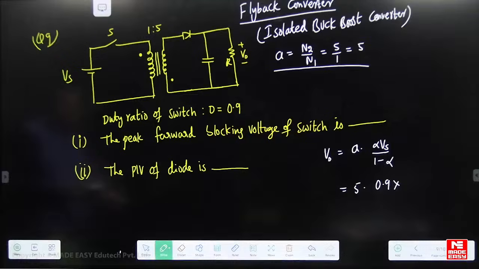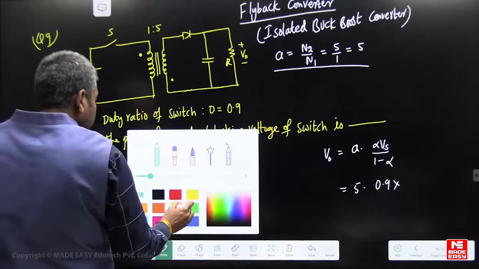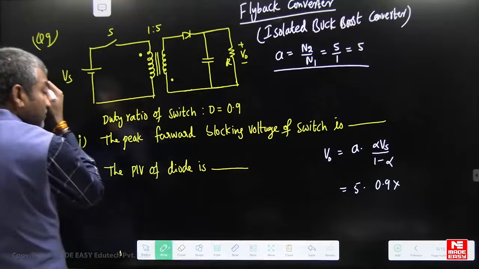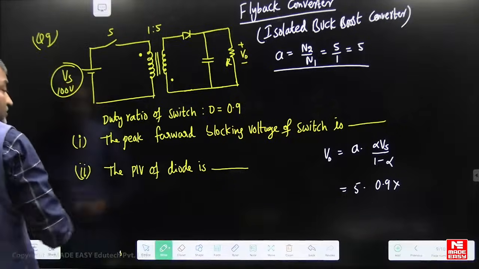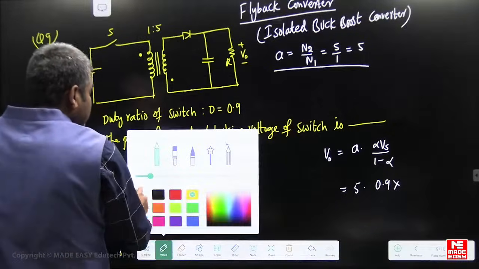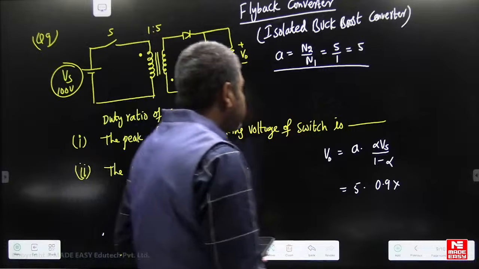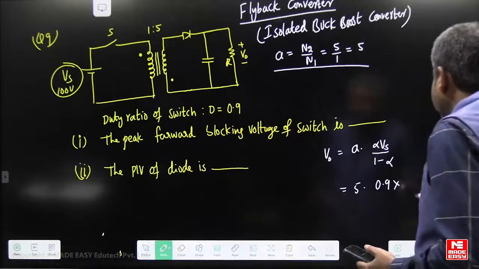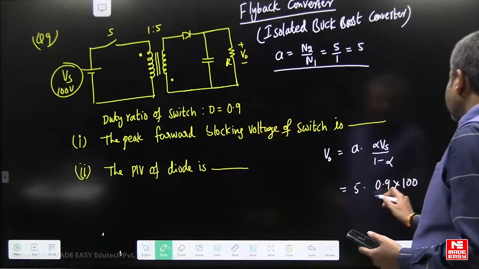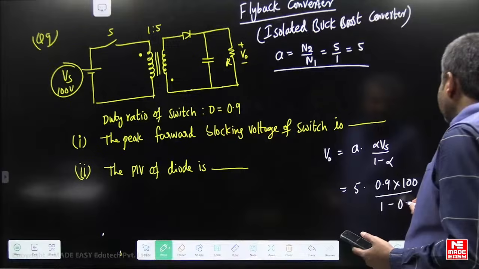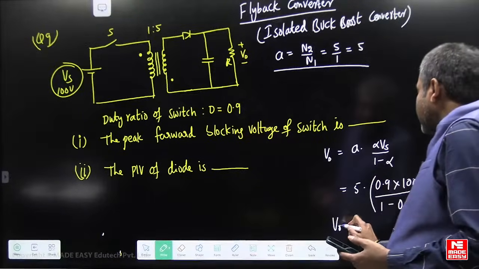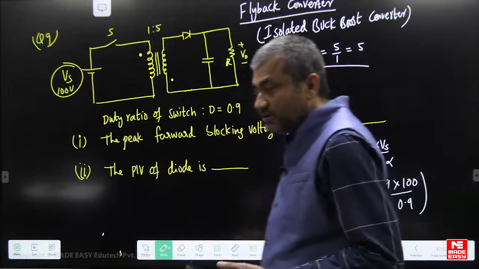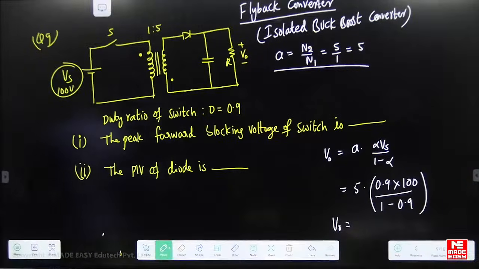See here, supply voltage is not given in the question. Consider the supply voltage is 100 volts. So 5 into 0.9 into 100 by 1 minus 0.9. Yes, first we have to calculate the output. Please try to calculate the output.